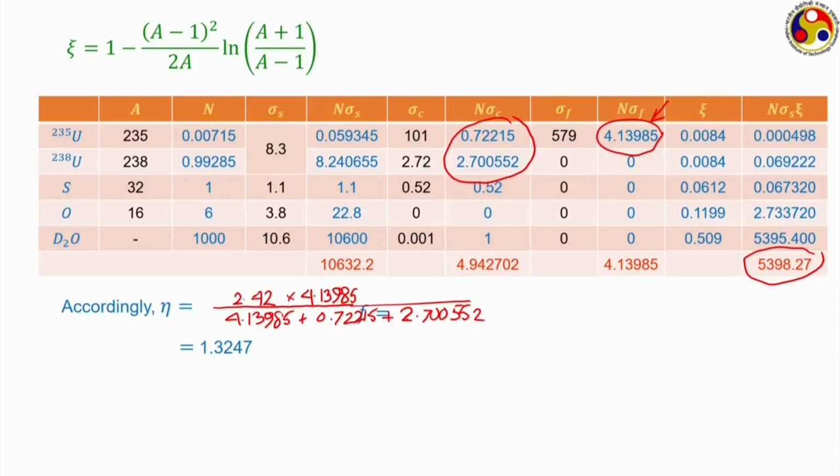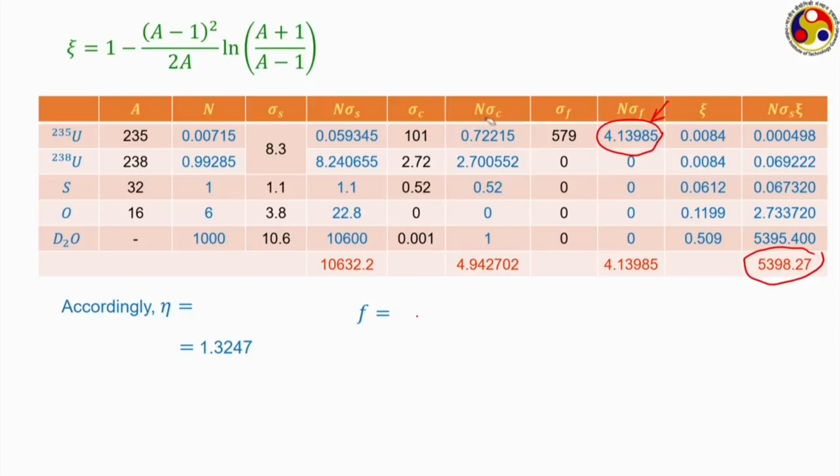We have to calculate the thermal utilization factor. Let us just erase this clutter from here. So, to calculate it now, we have to take the ratio. Again in the numerator, we are going to have the macroscopic absorption cross section for the fuel, which refers to the denominator that we have actually used for eta, that is this 2 plus this is the numerator.